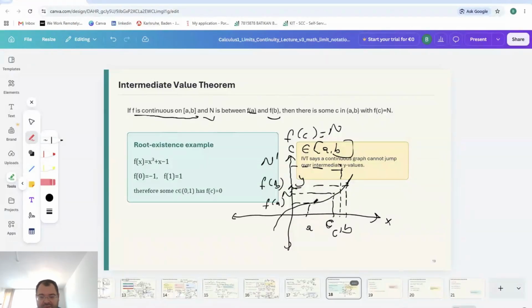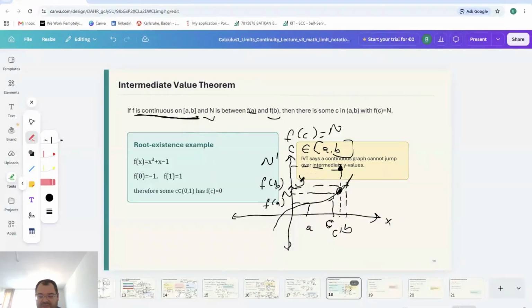You are drawing your function here, and up to a point you cannot say this value is true. You are saying that this n1 value is true. So you have a filled circle here and an empty circle here. That means there is a jump here. But you cannot have a jump. That jump makes the function discontinuous. But at the beginning you have already said this function is continuous between a and b.